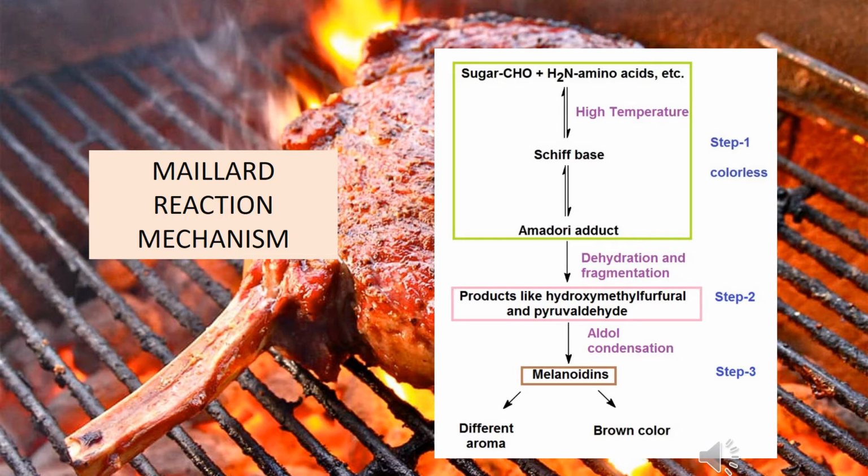The ketosamine can also form melanoidins and other brown nitrogenous polymers, which impact the characteristic brown color of the food. So this is what we call the Maillard reaction, because it changes the brown color of the meat, and it changes the flavor and the taste.